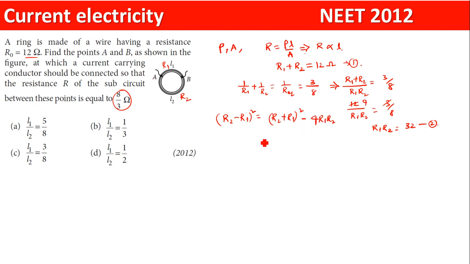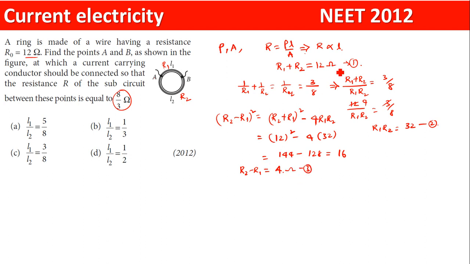From this, R2 plus R1 is nothing but 12, whole square, minus 4 into 32. 12 12s are 144, minus 4 32s are 128. So 144 minus 128 is nothing but 16. That is, R2 minus R1 whole square is equal to 16. Then R2 minus R1 should be equal to 4, isn't it? Let us say this is equation 3.